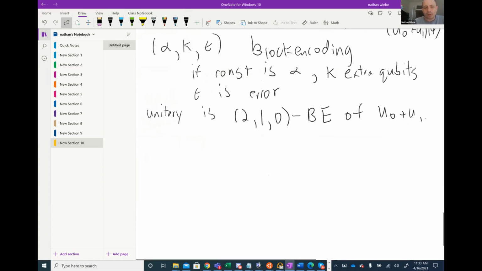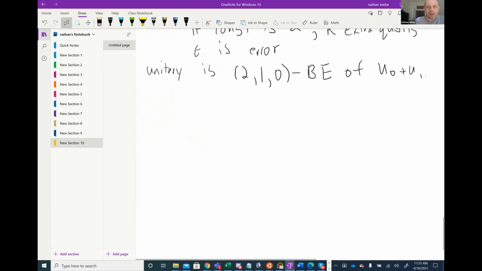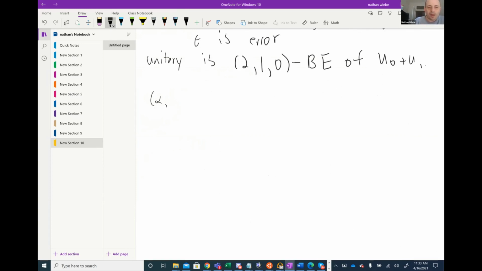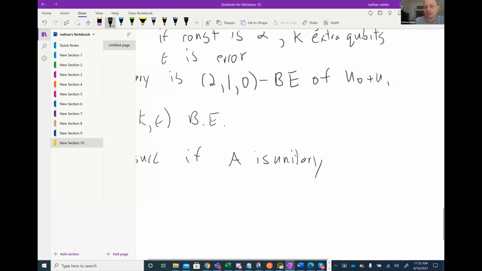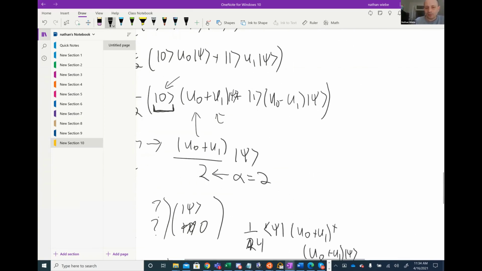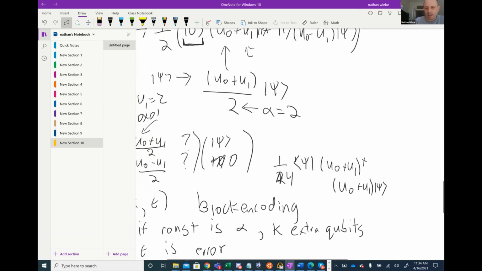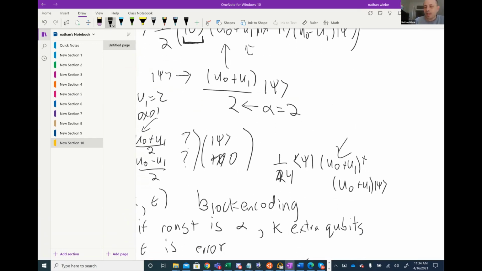But a case that is interesting is that with an alpha-k-epsilon block encoding, using this approach, the probability of success if A, the block encoded matrix, is unitary. So if we're trying to build a unitary matrix out of it, then these two terms cancel, and the success probability only ends up depending on the square of the constant alpha.